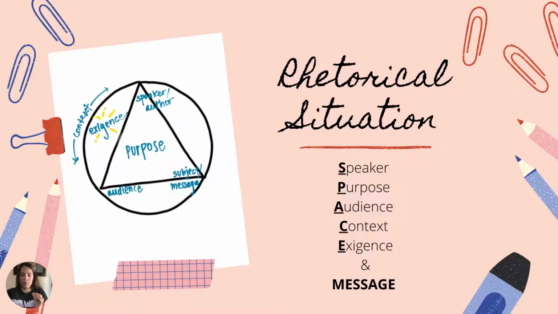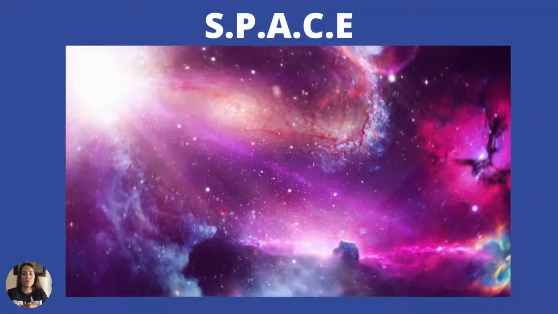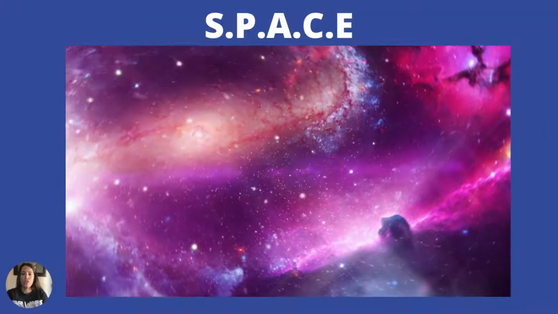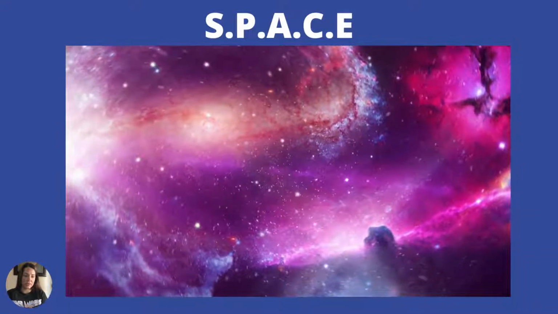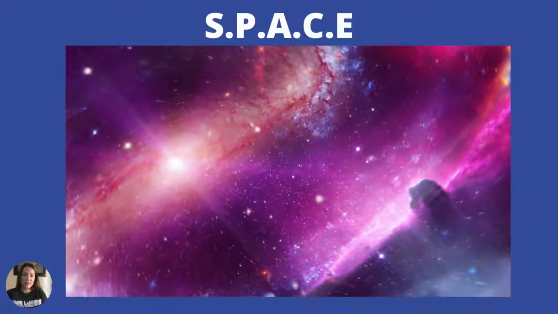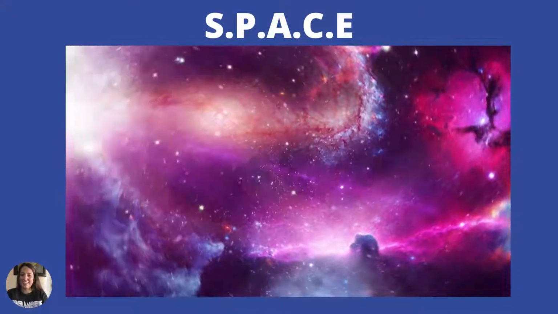Just a brief note, the list of the components of the rhetorical situation to the right of the screen is not the order in which I will be presenting, but rather uses the helpful acronym of SPACE, which helps remind us of the components of the rhetorical situation: speaker, purpose, audience, context, and exigence.